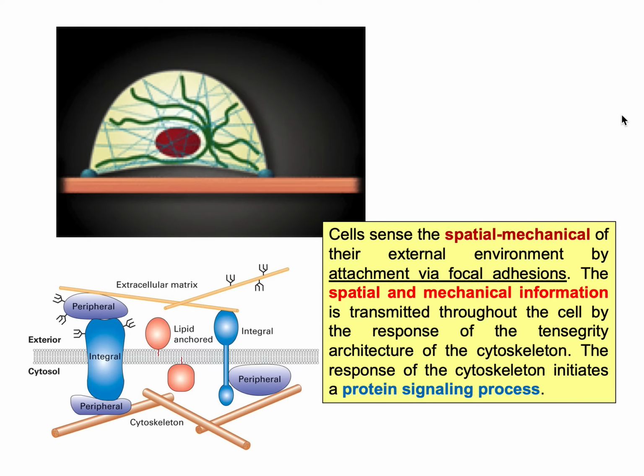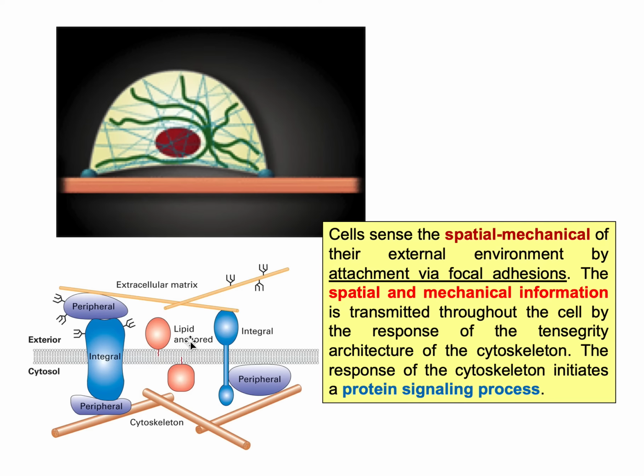We'll talk a little bit more about the spatial mechanical transduction. Cells sense the space and the mechanical properties of their environment by attachment via focal adhesions, which are the collection of integrins and the accompanying proteins. Spatial and mechanical information is transmitted through the cell by the response of the tensegrity architecture of the cytoskeleton.